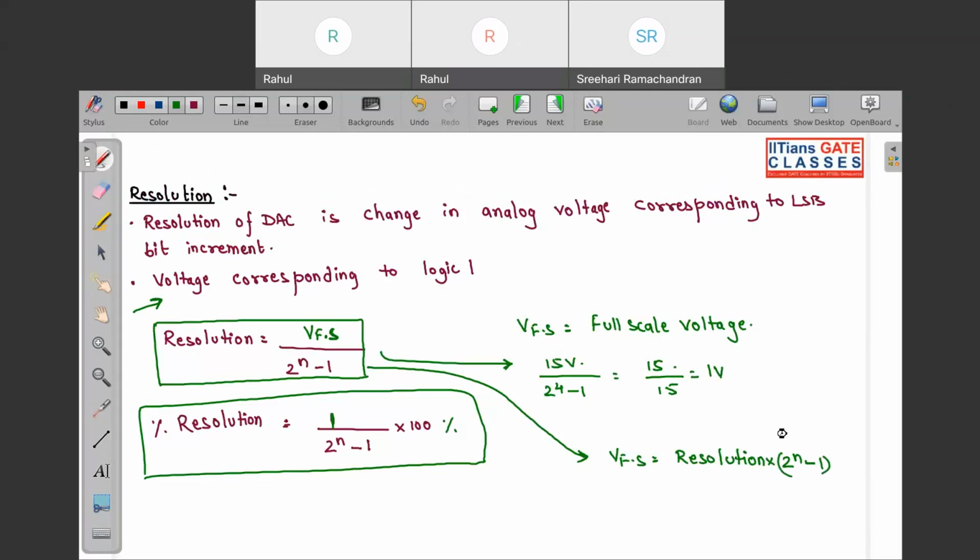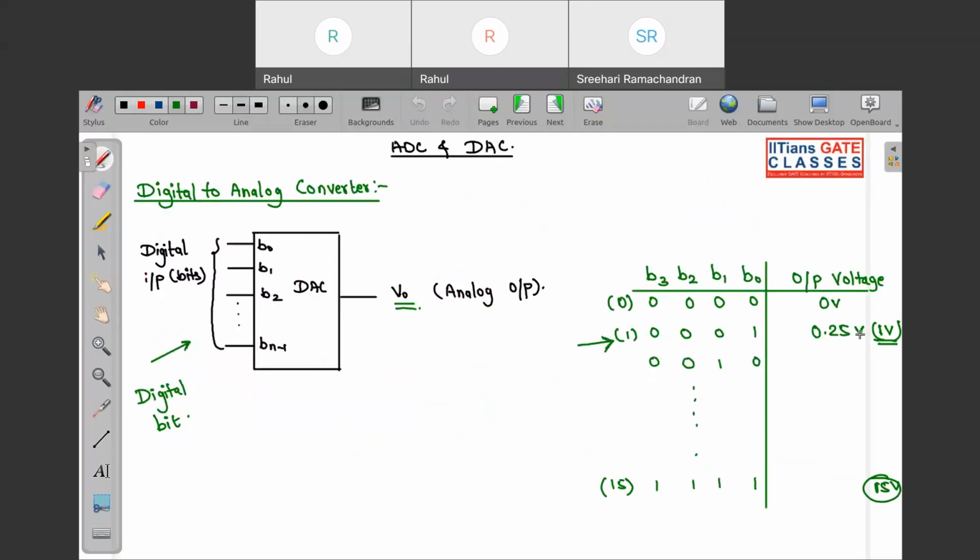Now suppose in this particular case our resolution was 1 volt, and I want to find the output for the input 1100. The output will be your resolution into the decimal equivalent of the binary input.